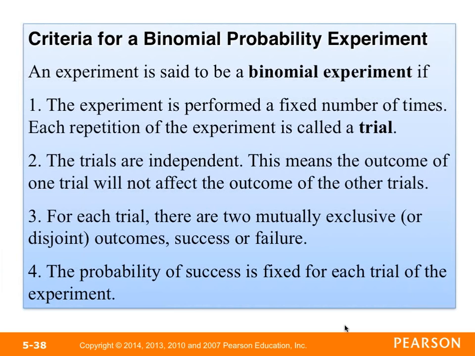The second thing is that the trials have to be independent. That means that the outcome of one trial cannot affect the outcome of other trials. Third, for each trial, there are two mutually exclusive, or disjoint, outcomes. It's either a success or a failure. And fourth, the probability of success is fixed for each trial of the experiment.